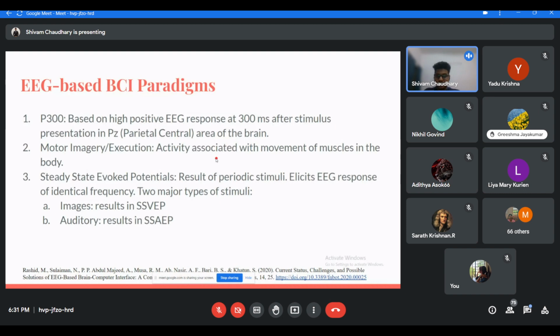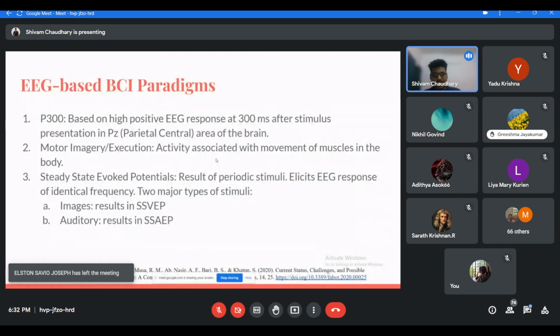Then we have motor imagery or execution, which is the activity in your motor cortex, the center of your brain, which lights up when you move a muscle voluntarily. If I am doing any movement, my motor cortex is controlling all of that.